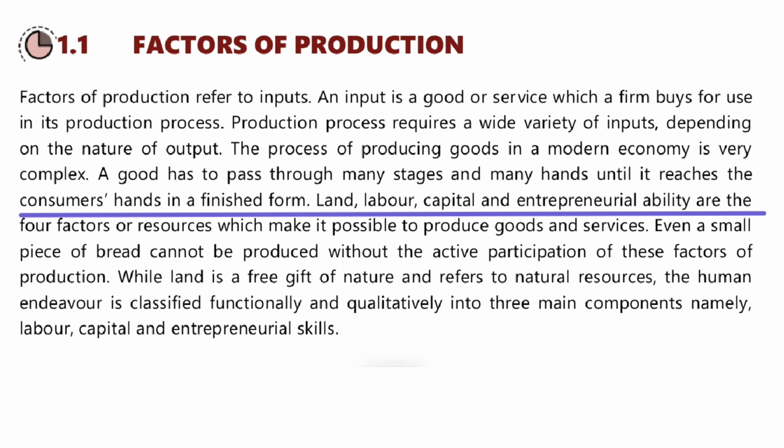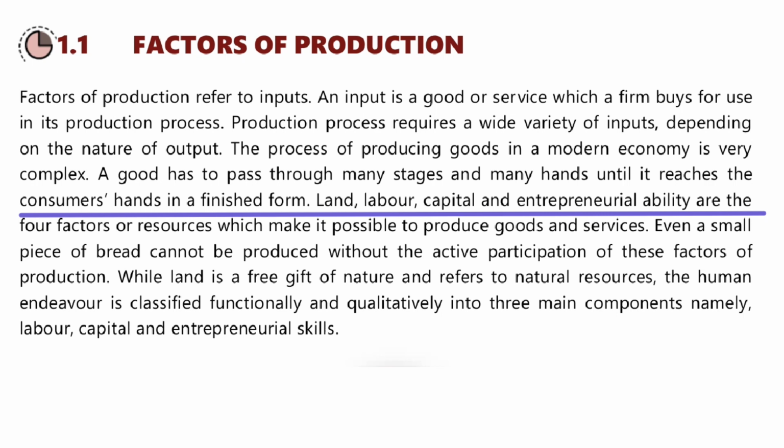The process of producing is very complex. It has to pass through many stages, and it has to pass through many hands, that is, many people will be involved until it reaches the hands of a consumer in a form wherein it is readily usable.